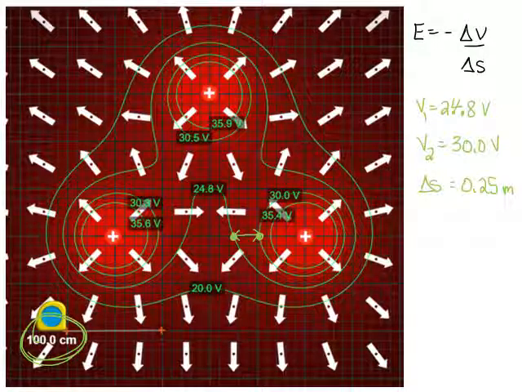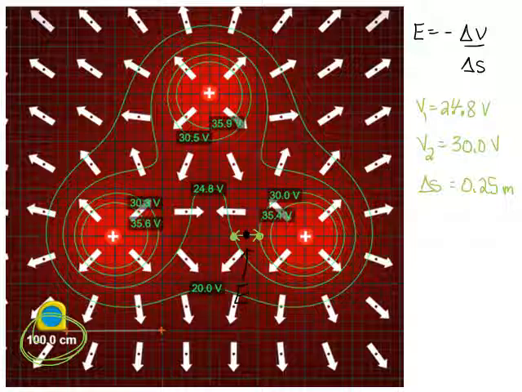If you were doing this for an assignment or a test, you'd probably try to be really careful about that measurement to get as accurate as you can, or if you were doing some research. So now I'm all set to find my electric field at the midpoint between those 2 spots.